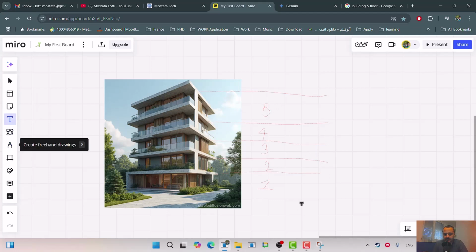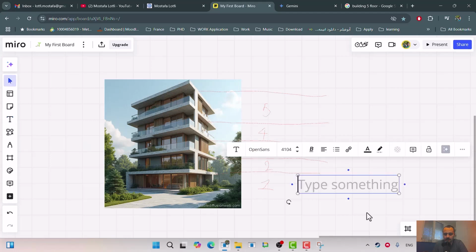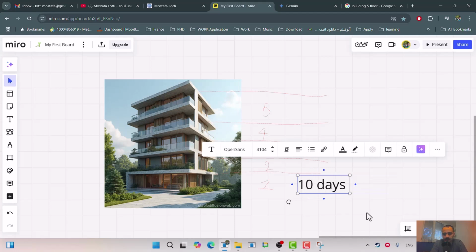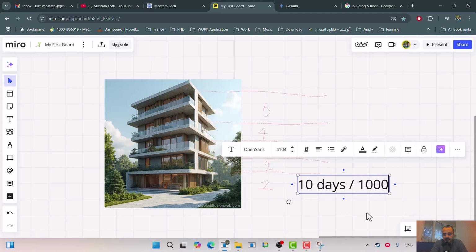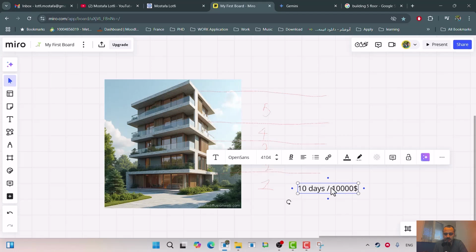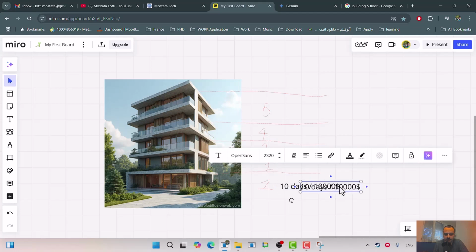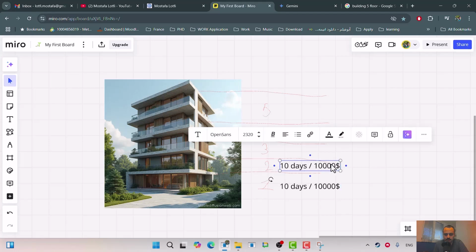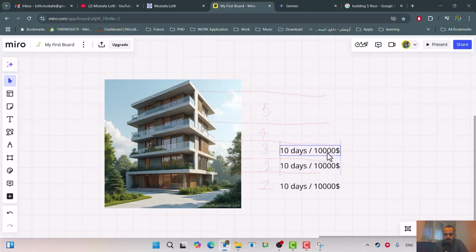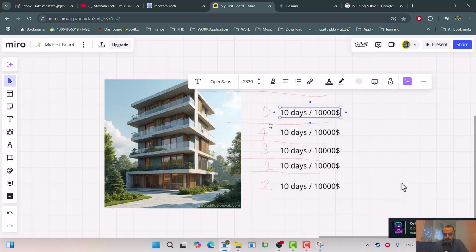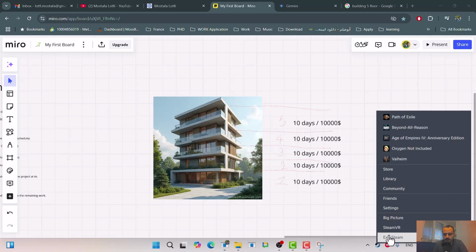As I said, for each floor the duration, let's say it takes 10 days to build and it costs $10,000. It's just an example for each floor.